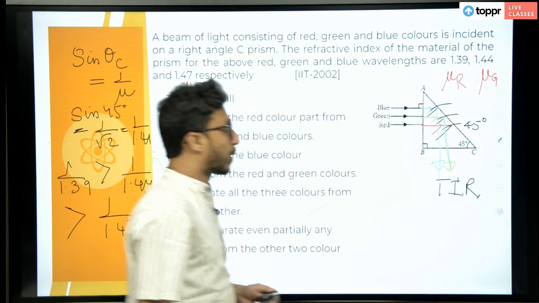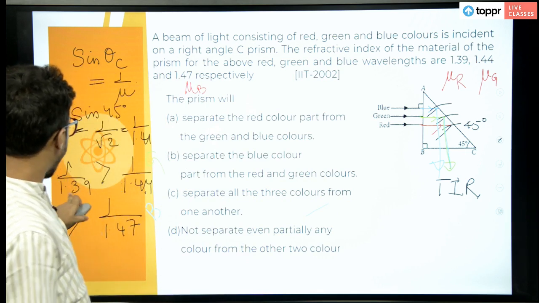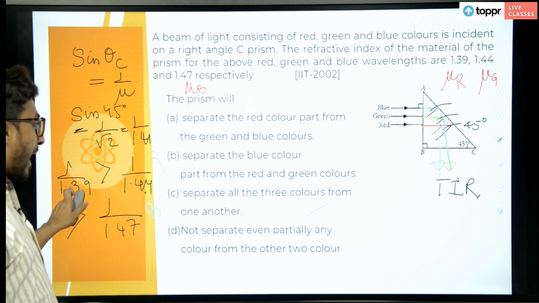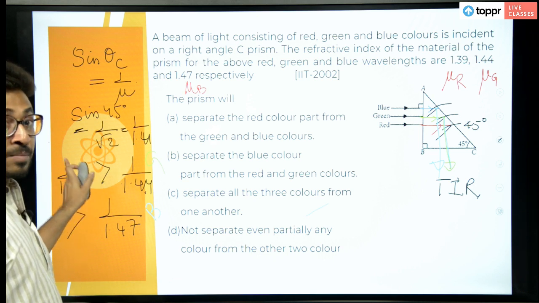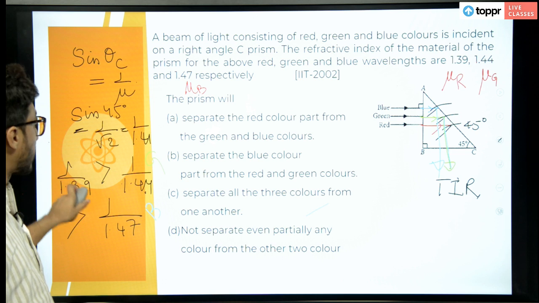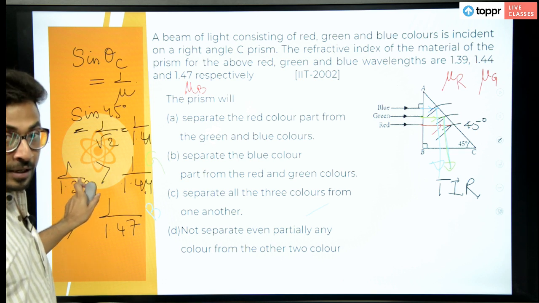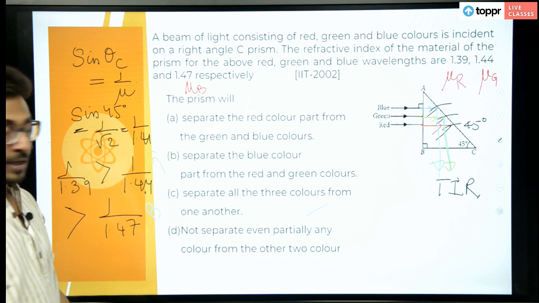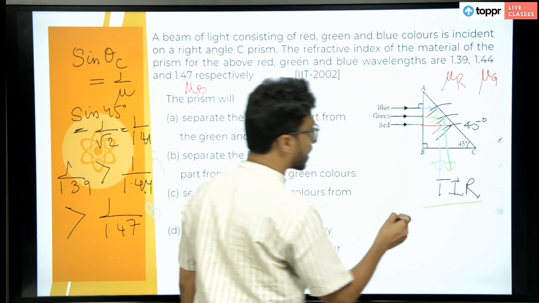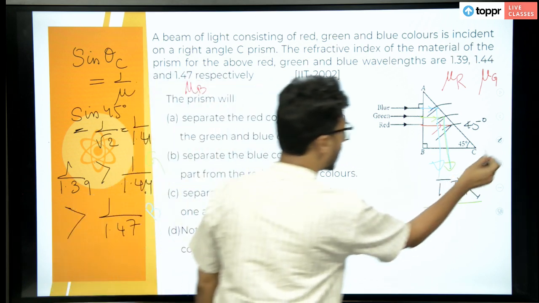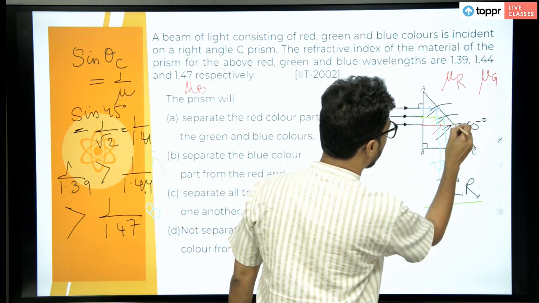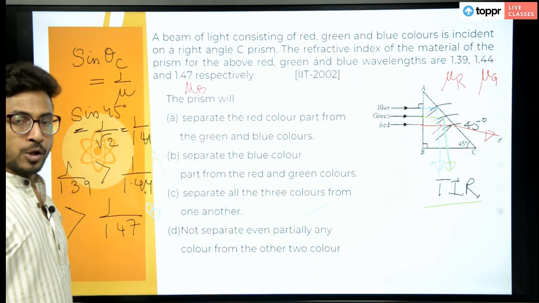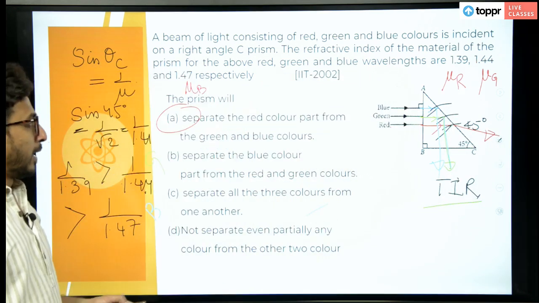But what for red? For red, 1.39, right? It proves this critical angle is more than 45 degree. So red will not suffer TIR. So red will suffer refraction, and red light will come out from this surface. So finally, blue. Let us move on.